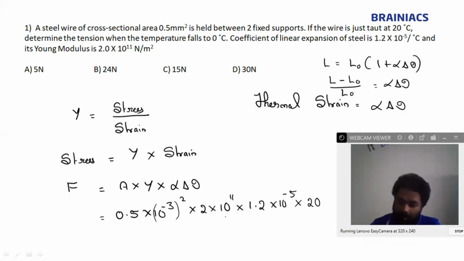When you simplify this, we will get around 24 Newton. So this is the answer for this question, Option B. Clear?